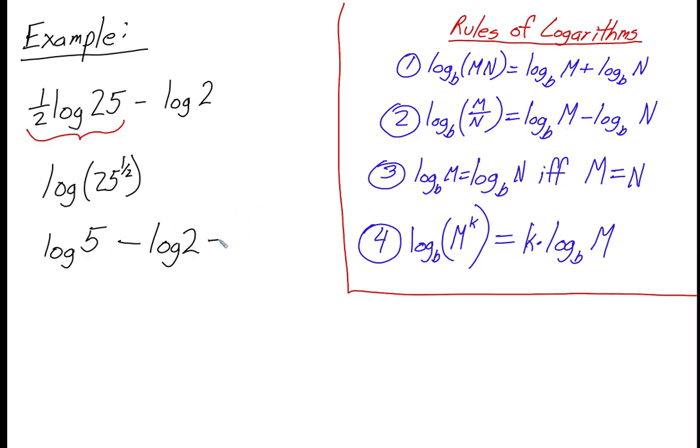So we can combine these together into one logarithm that is m over n, 5 over 2. And so the log of 5/2, or 2.5 if you like it as a decimal, is the same as 1/2 the log of 25 minus the log of 2.